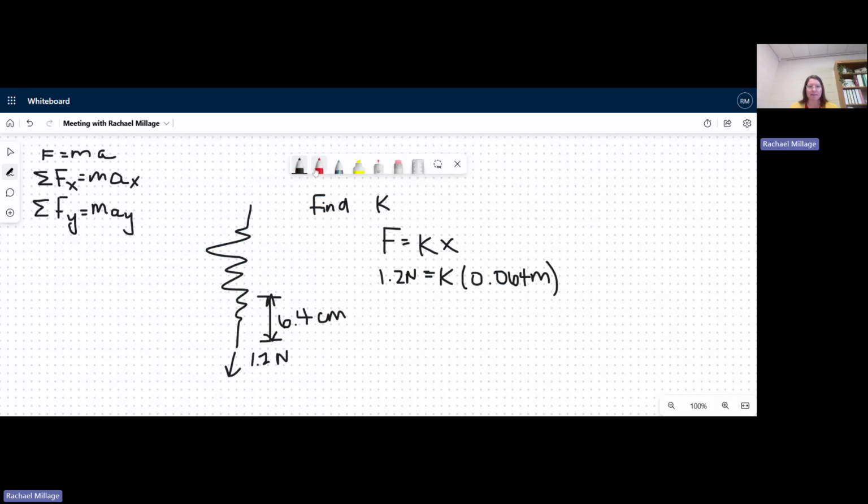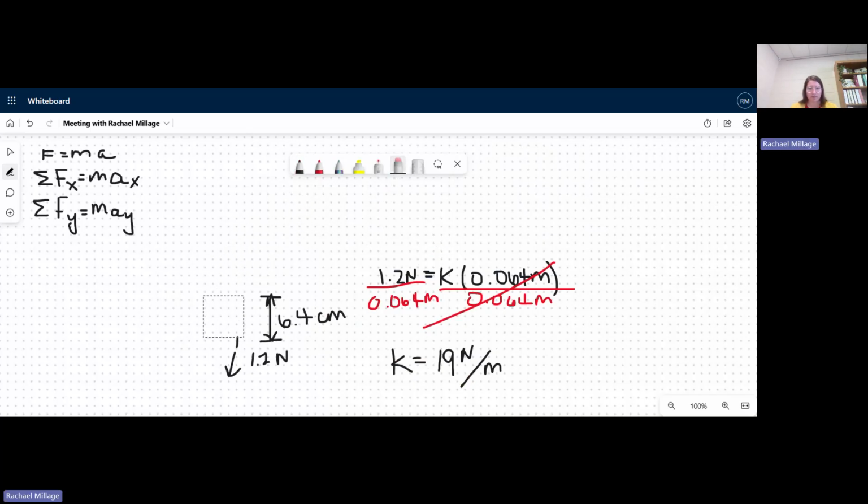Now I can solve for K. I can solve by dividing both sides by 0.064 meters. So then this cancels out on this side. Then I get 1.2 newtons divided by 0.064 meters. So my K is going to be equal to 19 newtons per meter.